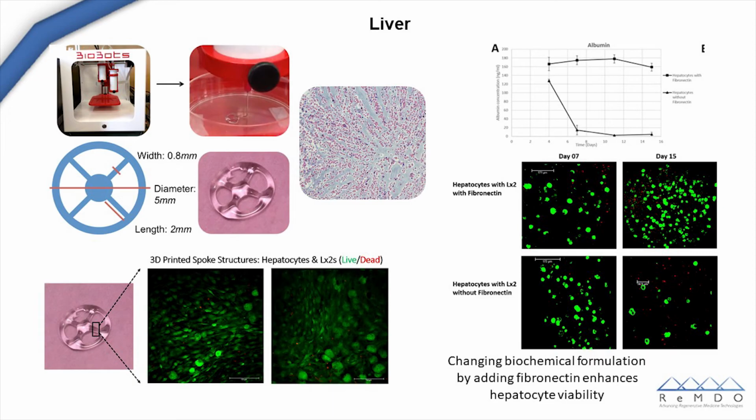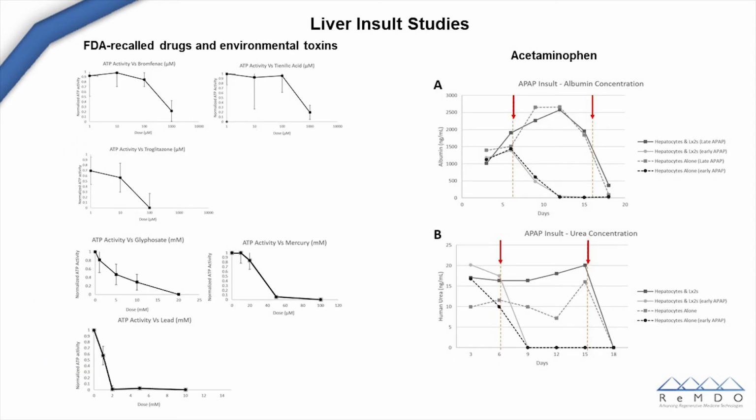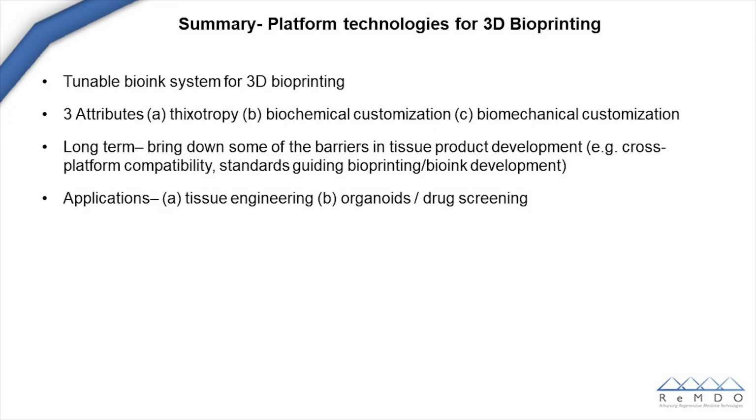The left panel shows that we can create more complex shapes using this tunable system. Taking this a step further, we're also able to evaluate FDA-recalled drugs using these 3D organoid systems, and they show appropriate responses.